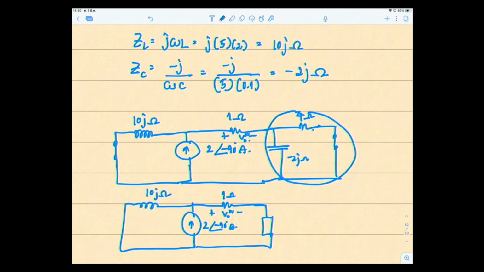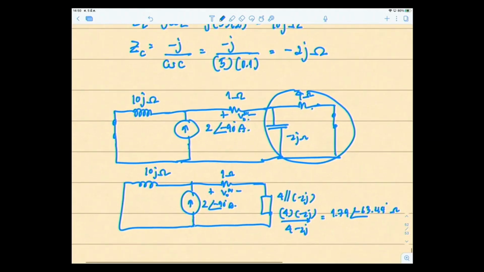So this becomes 4 parallel with minus 2j ohms, so it's 4 times minus 2j over 4 minus 2j, which turns out to be 1.79 angle minus 63.44 degrees ohms, or equal to 0.8 minus j1.6 ohms.